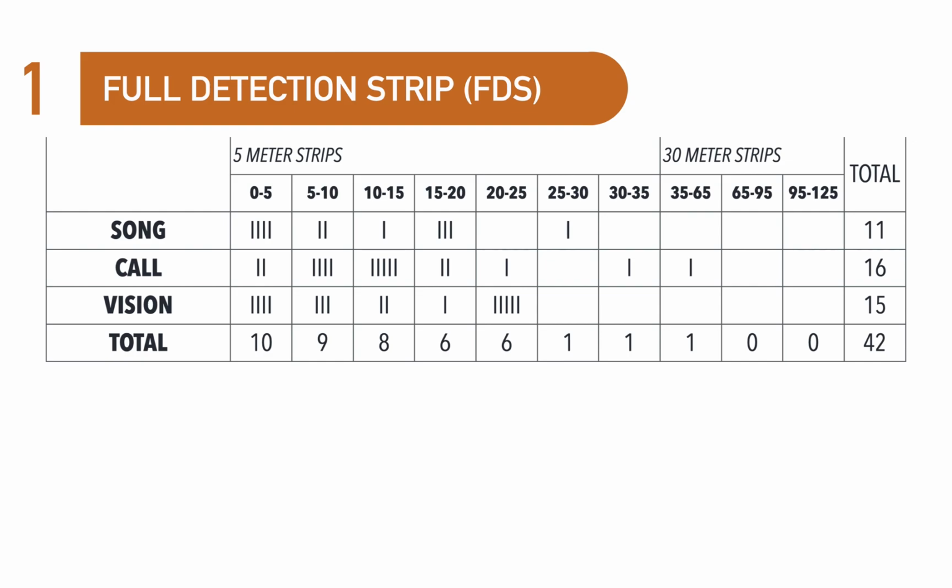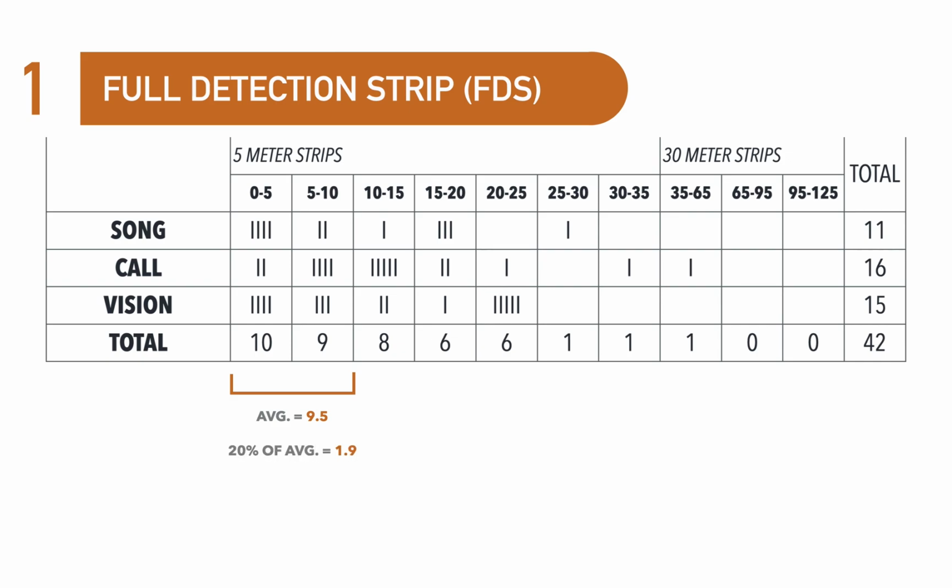To determine the full detection strip, we need to consider each piece at a time to determine if it qualifies for the full detection strip. We are looking for a decrease of more than 20% in the number of detections. We start by taking the average detections from 0 to 10. In this case, that would be the average of 10 and 9, which is 9.5. 20% of 9.5, or the average, is 1.9.